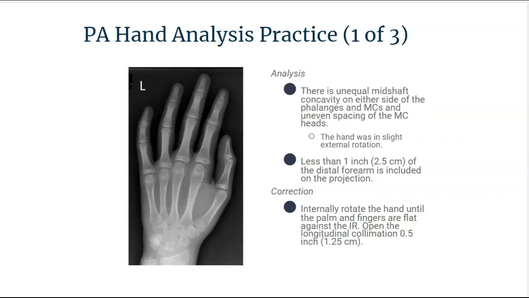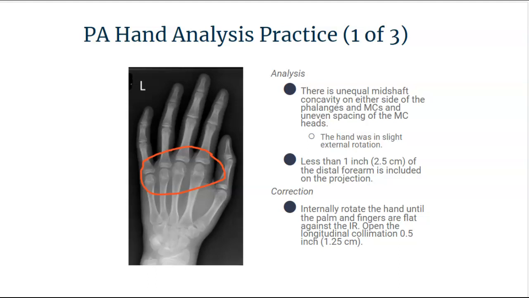Let's look at our first PA hand practice analysis. When you take a look here, we can see that there is some unequal midshaft concavity on either side of the phalanges. Also, there's uneven spacing between the metacarpal heads here. The hand is in external rotation.